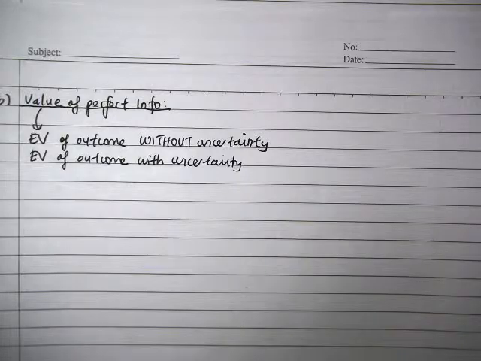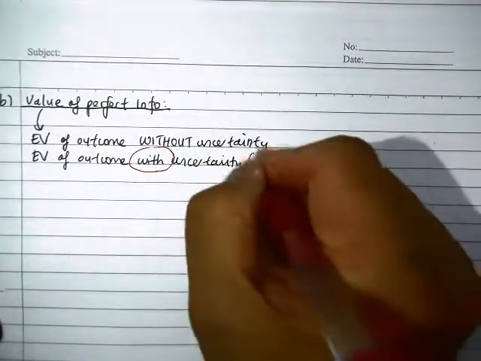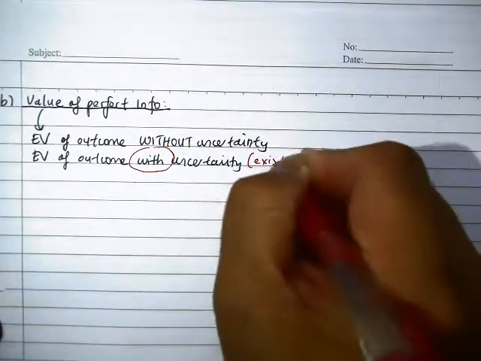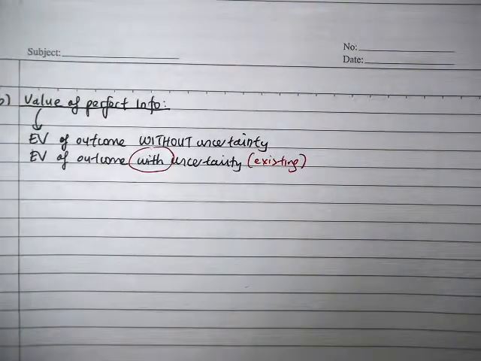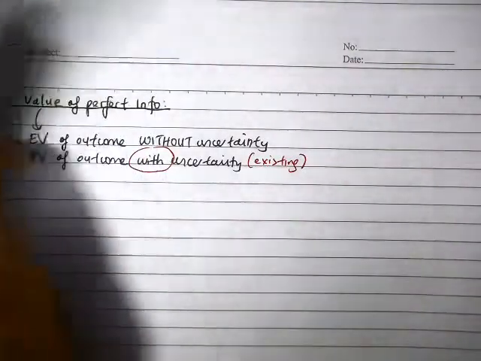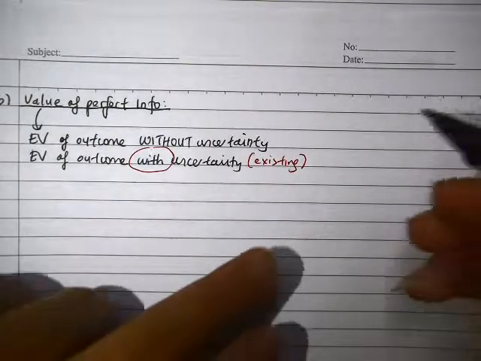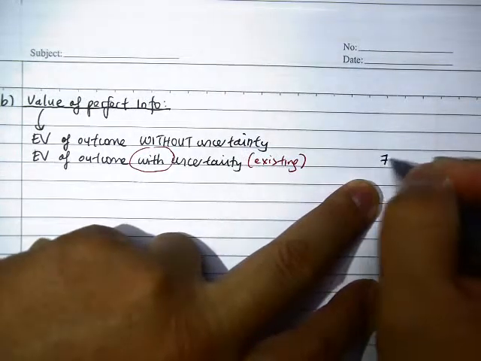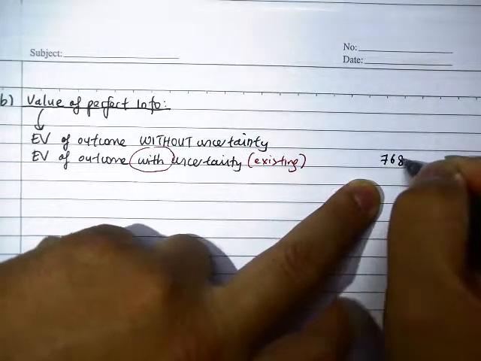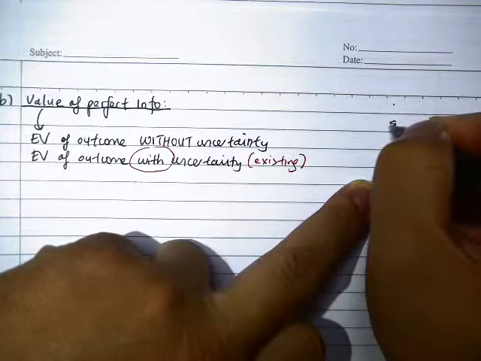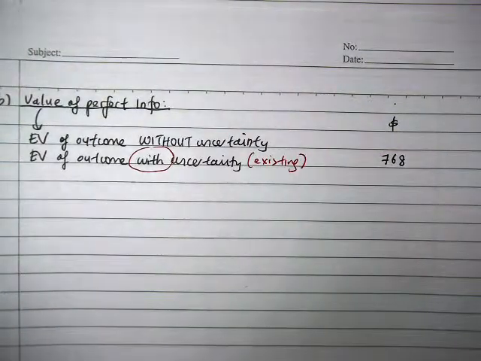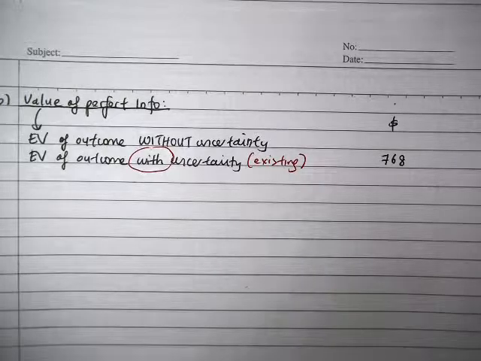Now, with uncertainty is existing right now. So I need the figure. Anyone got the total? Seven, 6, 8. Okay. So right now, with some profit, some loss, the EV turns out to be 768.